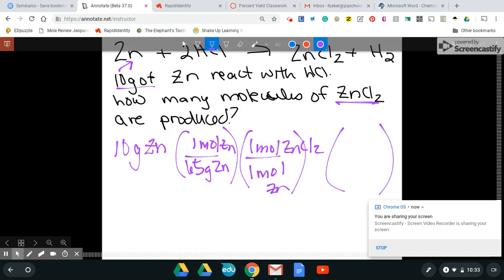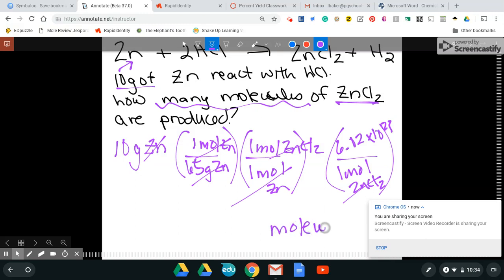Now, this is where everybody tends to get confused. Notice that it wants it in molecules. So in order to convert to molecules, I'm going to multiply it by 6.02 times 10 to the 23rd over 1 mole of zinc chloride. See how all of these cancel? And I'm left with molecules.